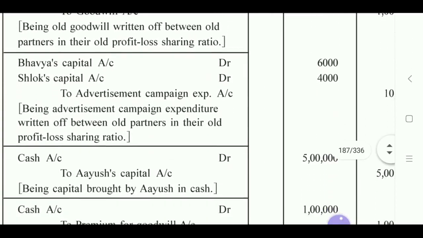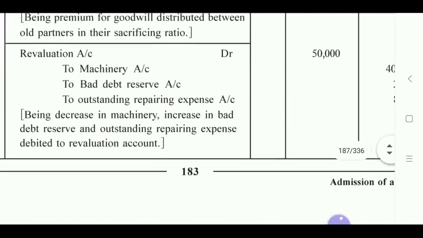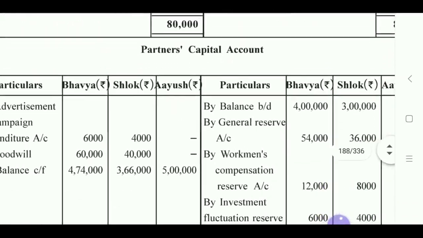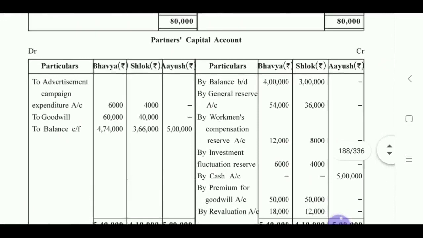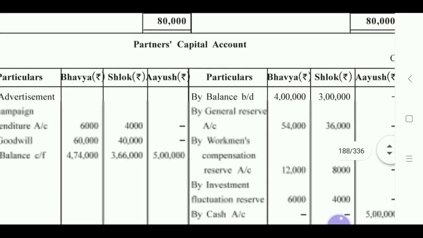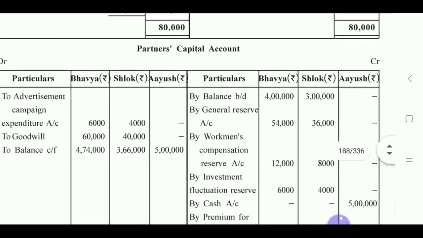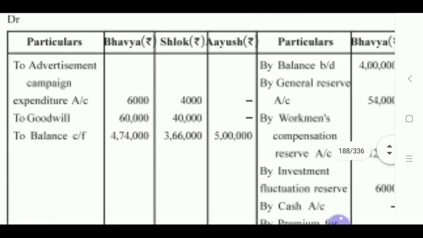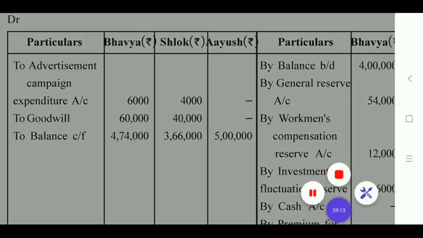Let us check the posting for this. In the partners capital account, of course, the old partners have been debited and goodwill has been credited. We have the partners capital account and we do not have a goodwill account, so posting will take place in the partners capital account. Now in the journal entry, goodwill has been credited, so in the process of posting, it has been debited.